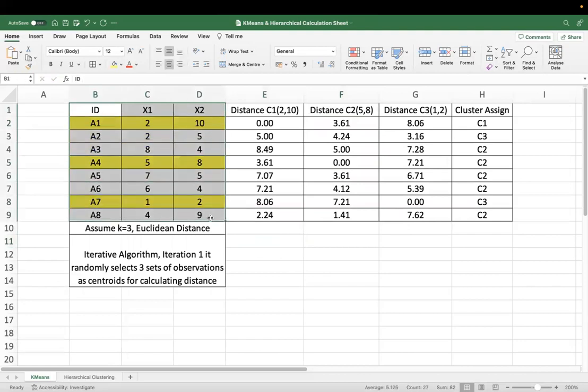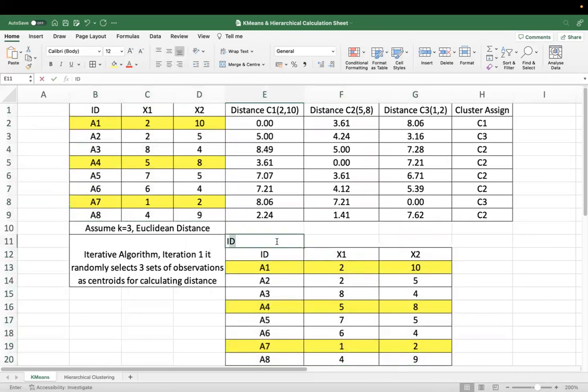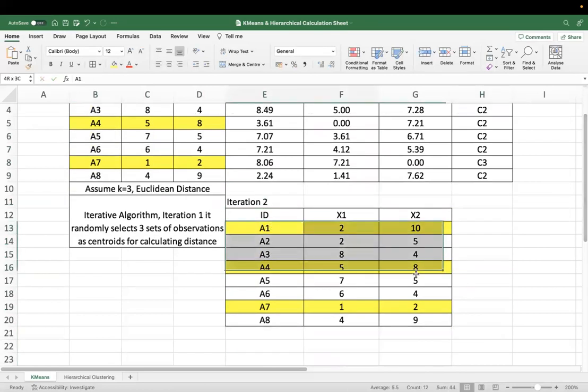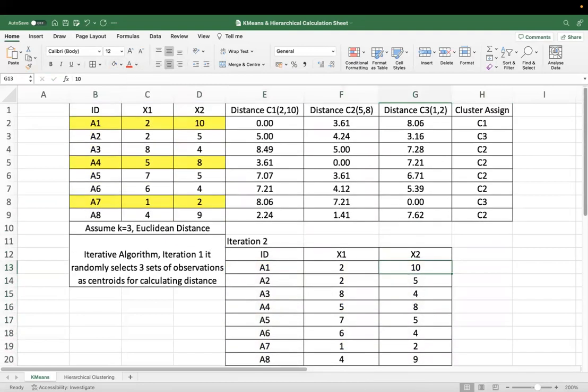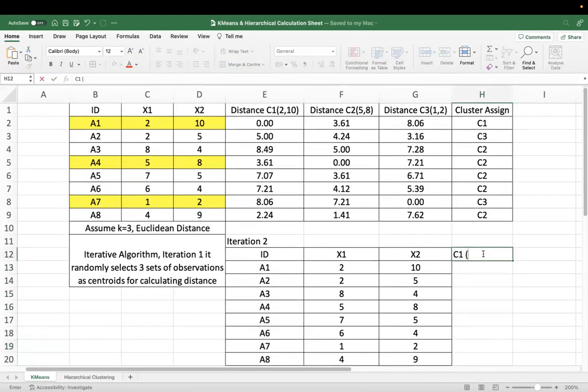Now copy the data, copy the data table. Now, for C1, there is only one observation, 2, 10.